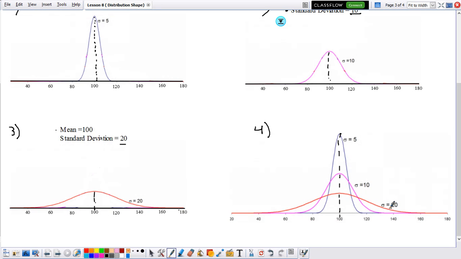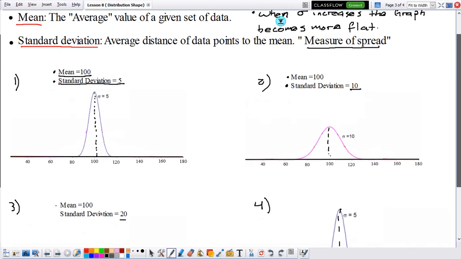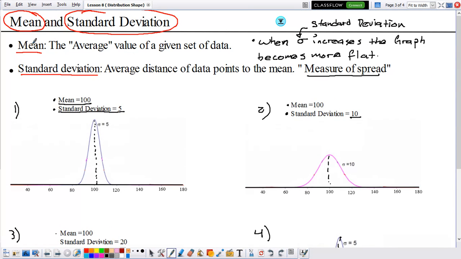If we increase it to 20, we have the red graph, still the same mountain, but not as high as the previous two. So one thing to keep in mind: the mean gives you the center of the graph, and the standard deviation you can think of as how spread out your graph is going to be.